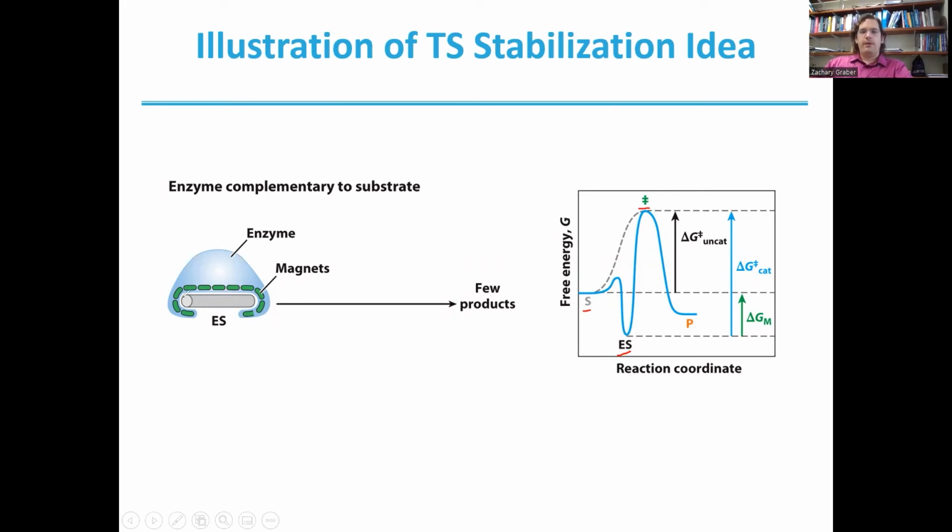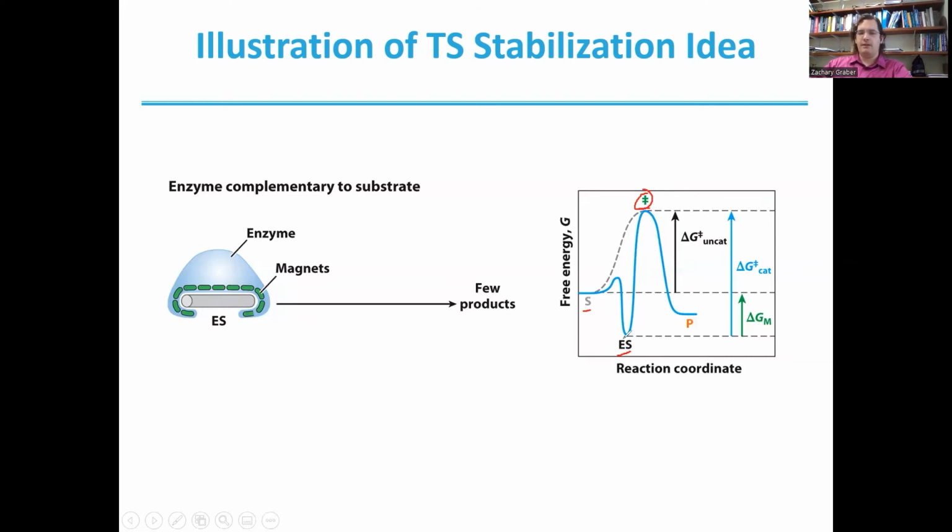But if we then try to bend this substrate to try to break it, it's actually going to be harder to bend it, because now we have our magnets that really want to stay bound to that straight stick. If we bend it, we would actually have to break some of our interactions to that substrate. So if you look at the free energy diagram, we actually haven't done anything to help our activation energy here. Yes, we made a very strong interaction with our substrate, but it doesn't really help us.